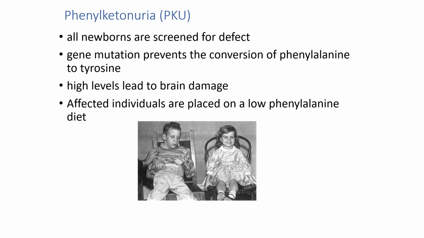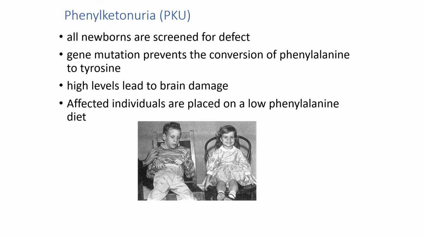Another genetic defect is phenylketonuria, or PKU. All newborns are screened for this at birth, because as long as that particular genetic defect has been noticed, they can change the diet of the individual and give them diets that are low in phenylalanine.